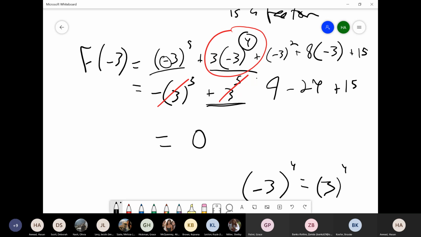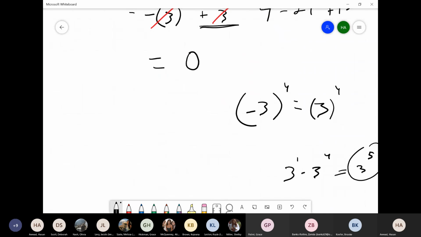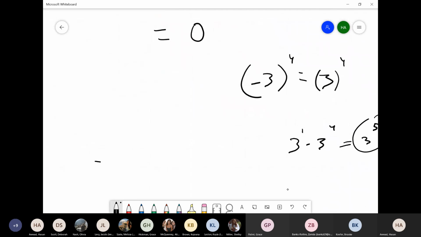There's 5 negatives in total. Well, negatives cancel in pairs, right? So just to really illustrate this, I'll write it all out. Negative 3 times negative 3 times negative 3 times negative 3 times negative 3, right? We know that they cancel in pairs. So 1, 2, 3, 4, and we will always have that one negative left over, right?